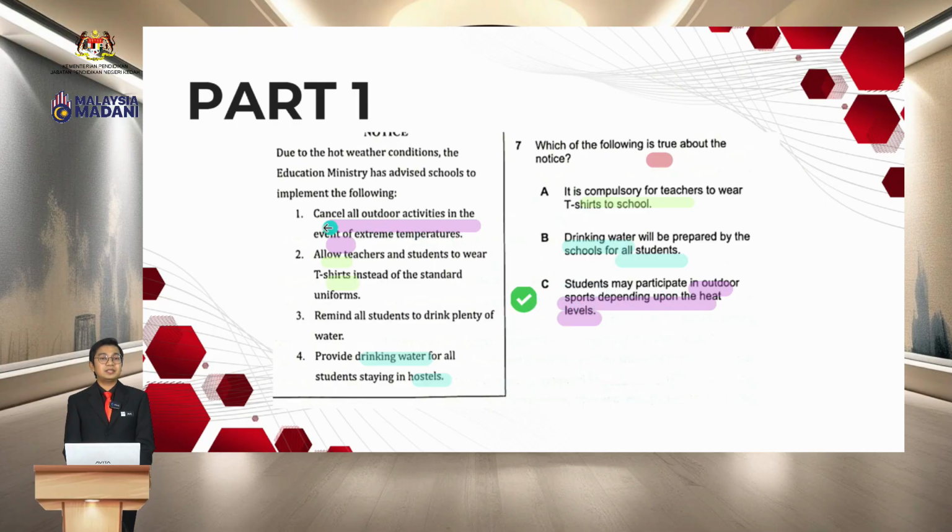And in point number 1, cancel all outdoor activities in the event of extreme temperatures. It shows that if there is an event of extreme temperatures, the outdoor activity must be cancelled. But if not, they can be done. So that's why answer C is the correct answer.